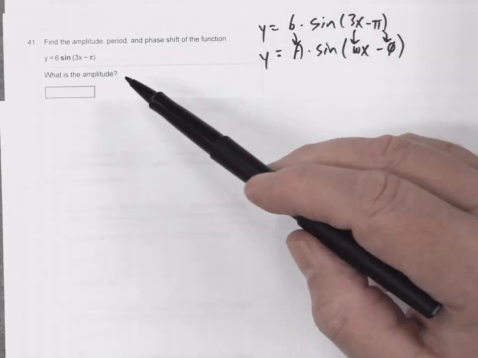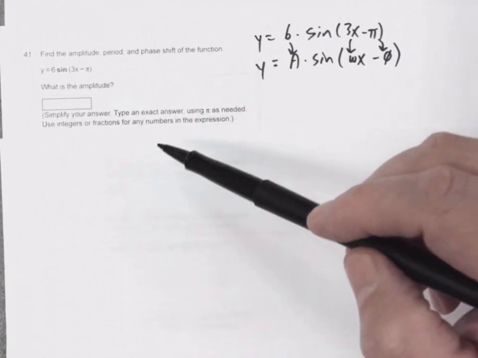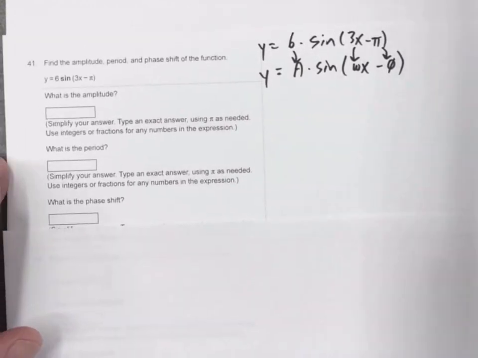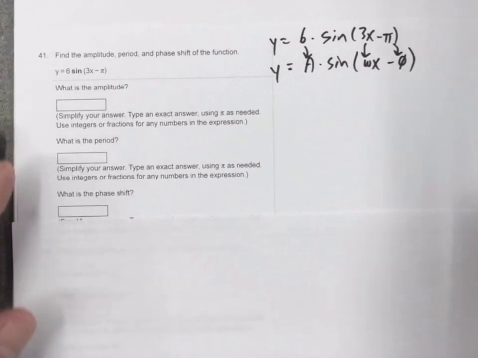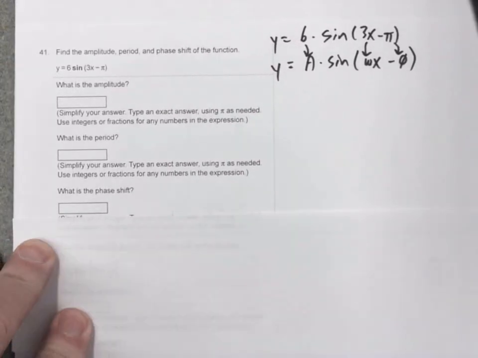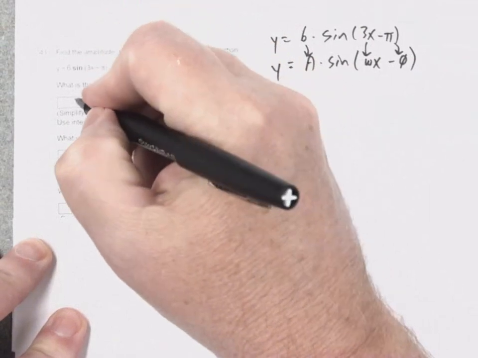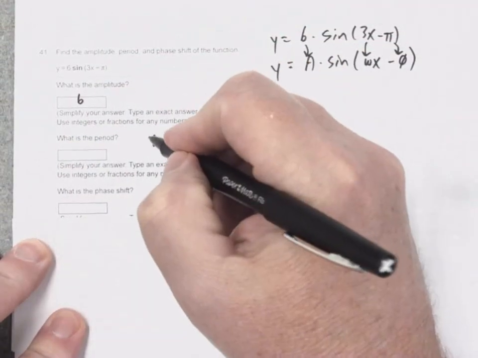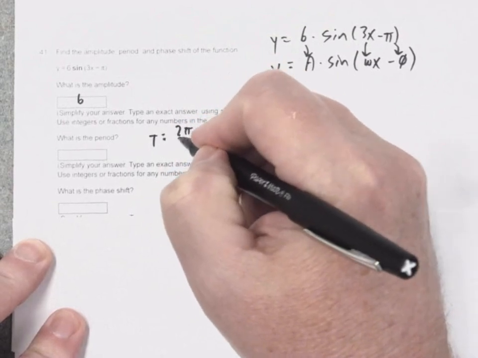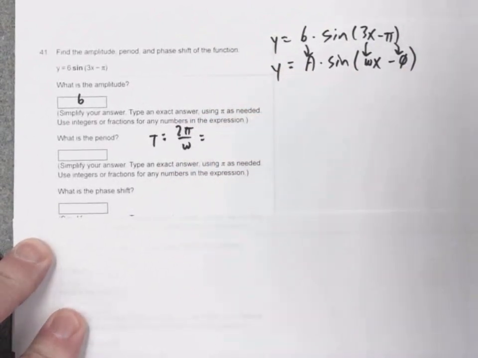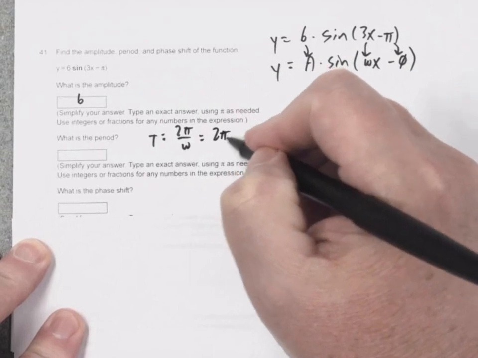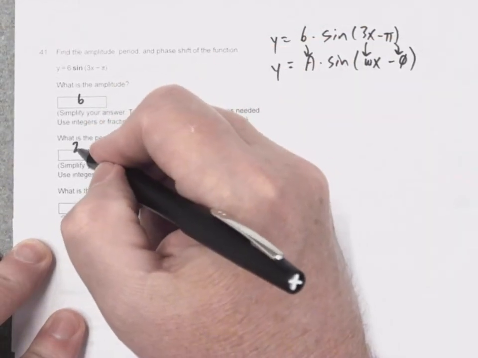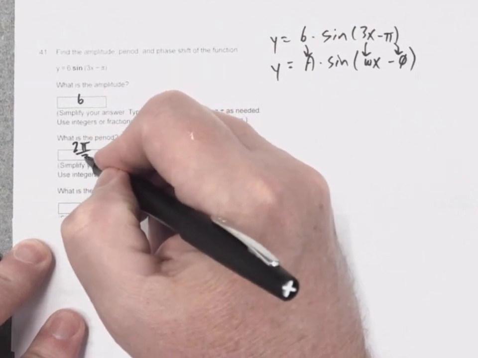And we need to find the amplitude, the period, and the phase shift. Amplitude is just A, so that's 6. Period is 2 pi over omega, 2 pi over 3, that's the actual answer, it does not simplify.